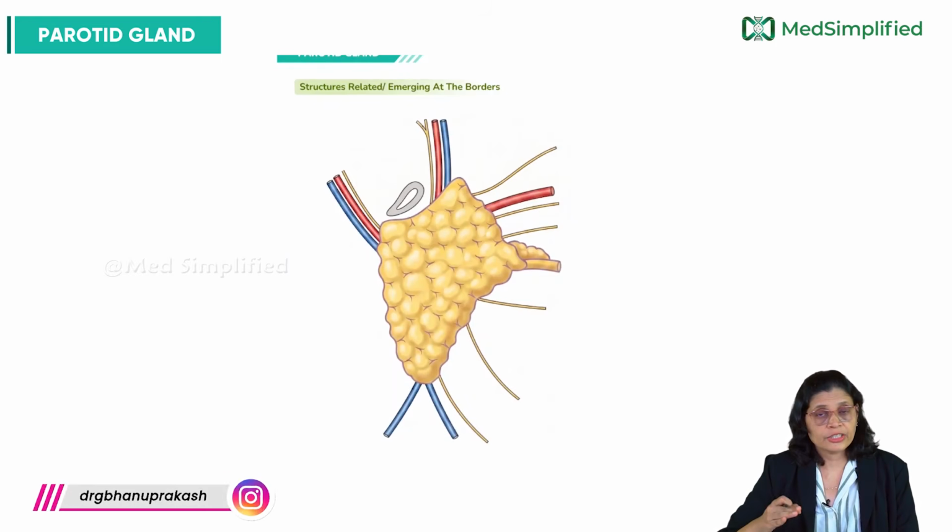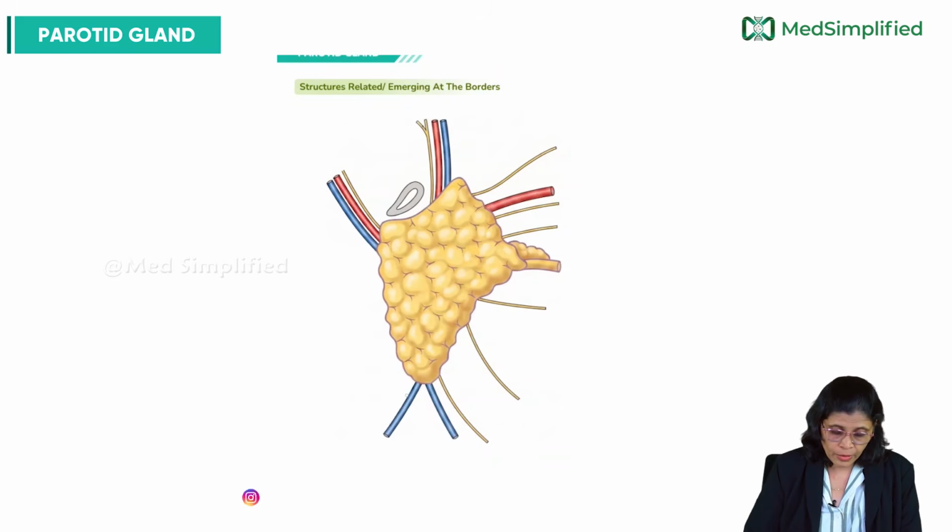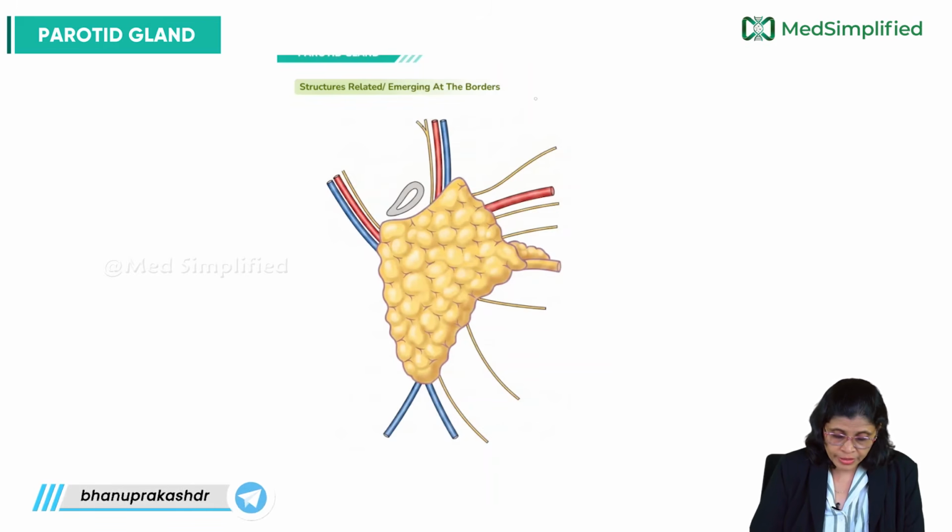Next, we will see the structures emerging from different borders. We saw the structures at the apex and at the base, so now we will see along the anterior border and posterior border. Along the anterior border, we have the branches of the facial nerve, that is the temporal branch, then the transverse facial artery, then the zygomatic branch, then upper buccal.